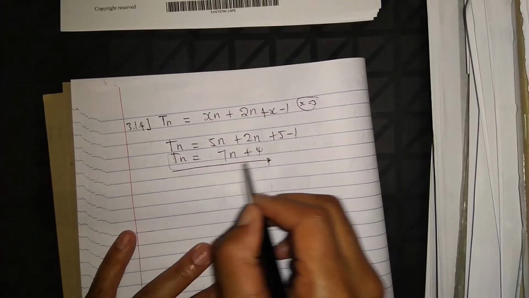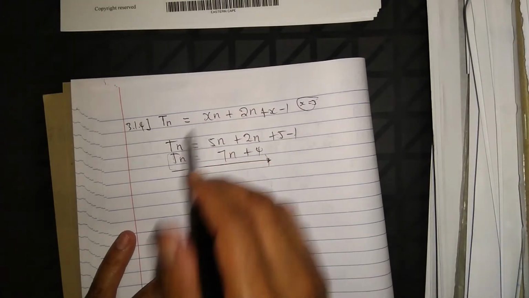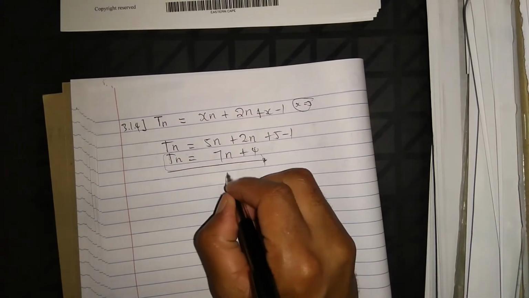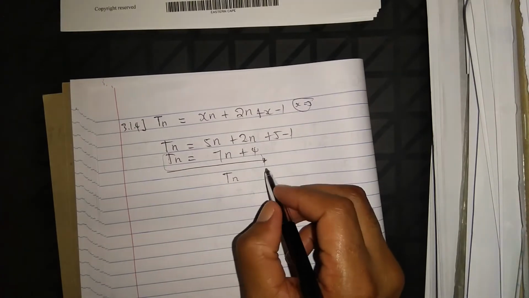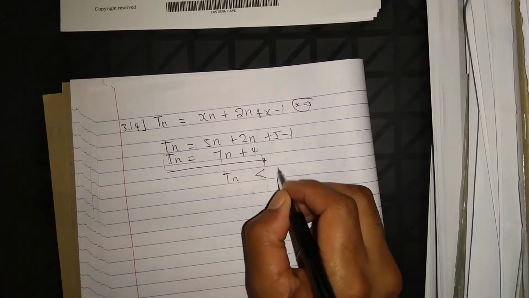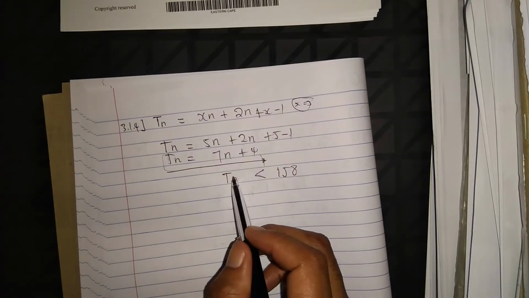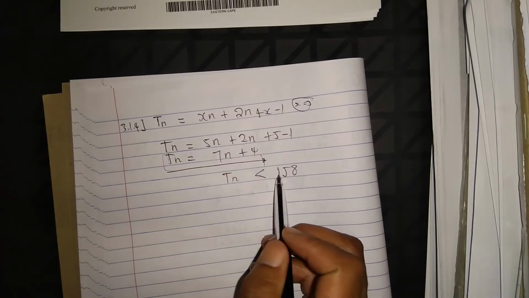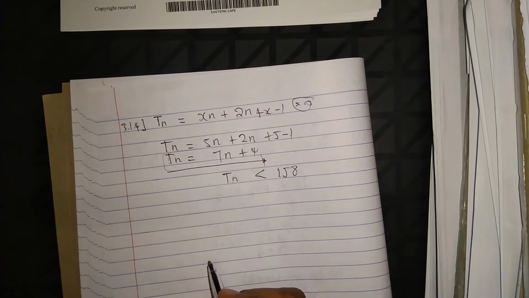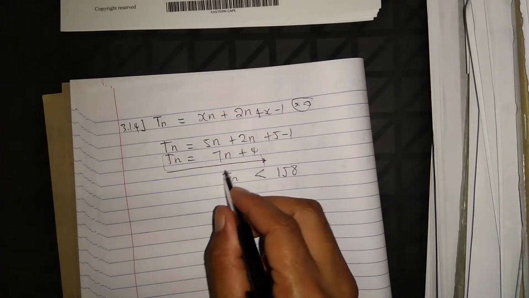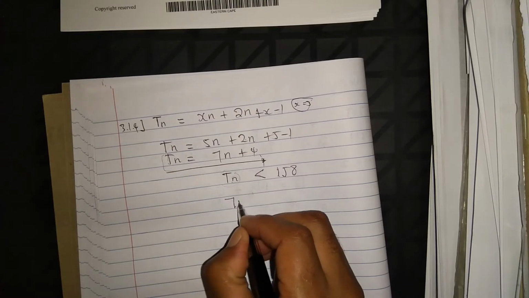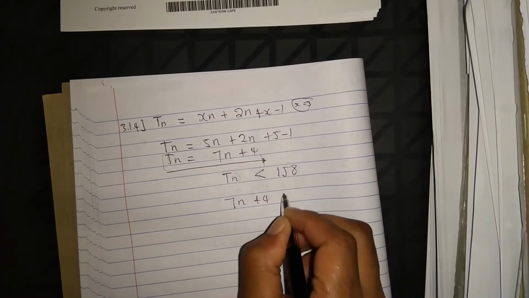So the general term becomes, without the x again. We want to know which values of n make the statement true. We want the values of n where Tn is less than 158. So therefore, what's Tn? Tn is 7n plus 4 less than 158.